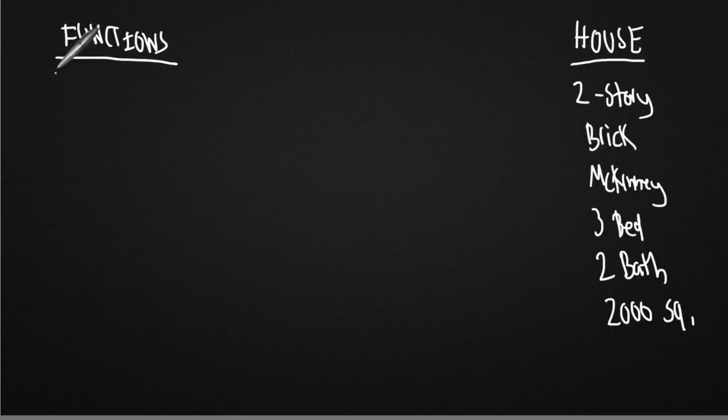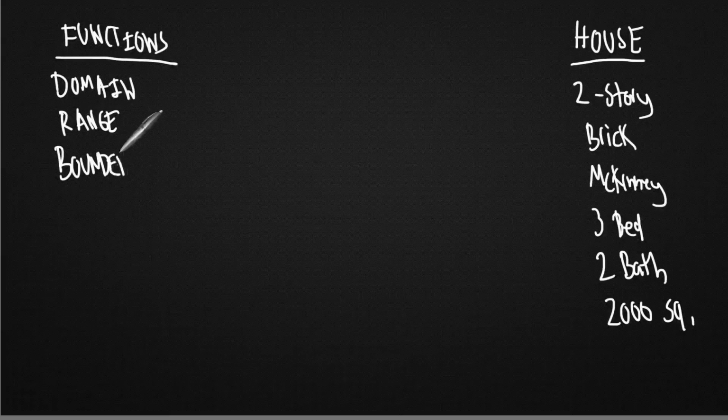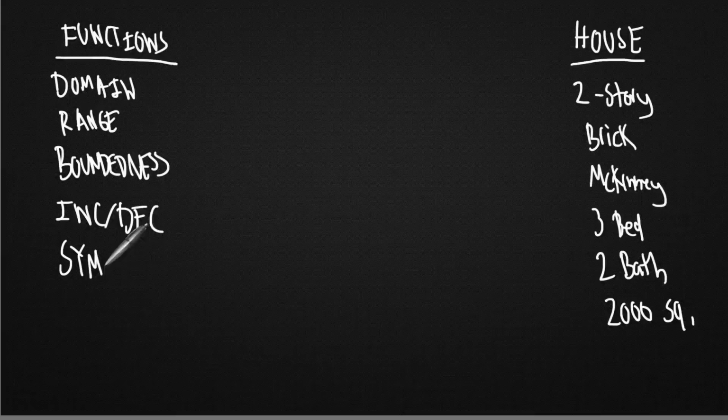We're going to say, well, its domain is this, its range is this, it has a certain type of boundedness to it. It increases sometimes and it decreases at other times. It has some symmetry involved.